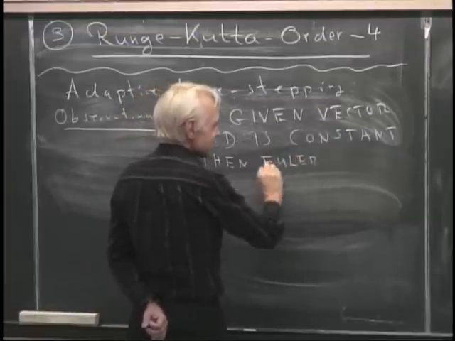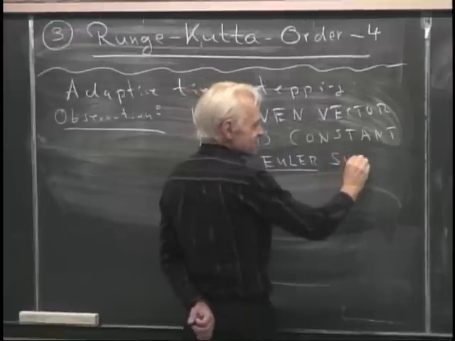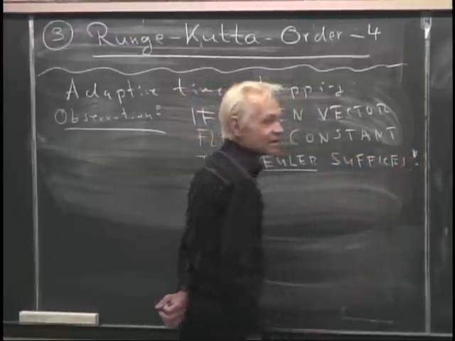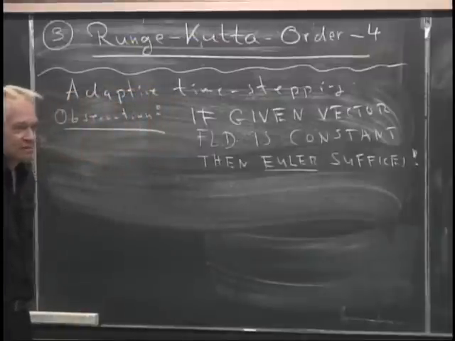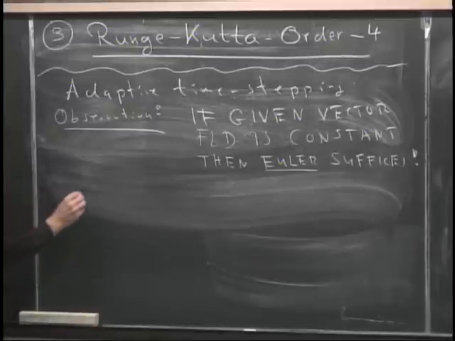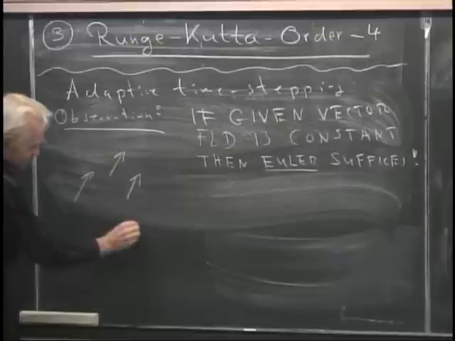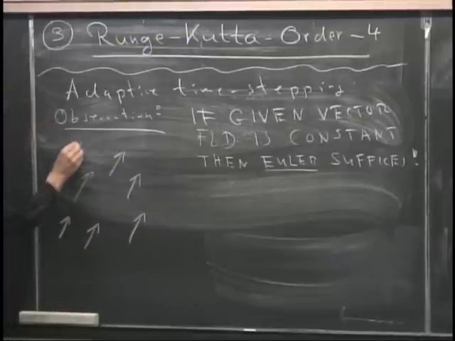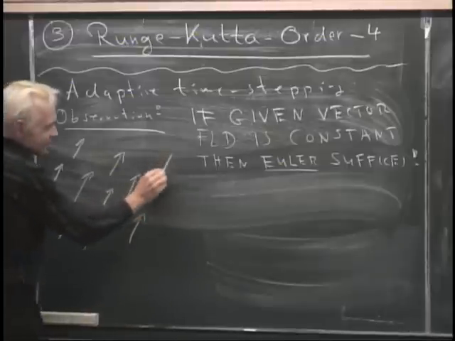The Euler scheme suffices. Otherwise, nothing suffices. Okay, what is a constant vector field? A constant vector field is a field where all the vectors are pointing in the same direction. This is a vector field where this arrow is always (1, 1), regardless of where I am.